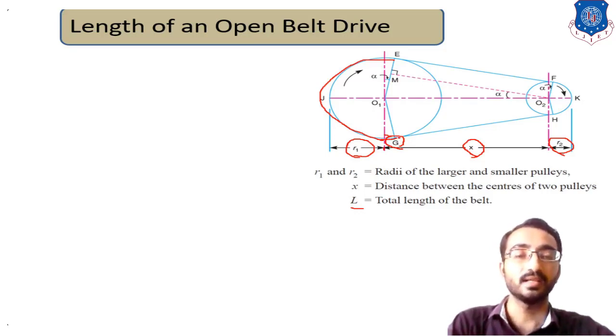It is the addition of arc GJE, plus length EF, plus arc FKH, which is the third component, and the fourth one joining points G and H. By adding these two arcs and these two lengths, we can calculate the total length of the belt.